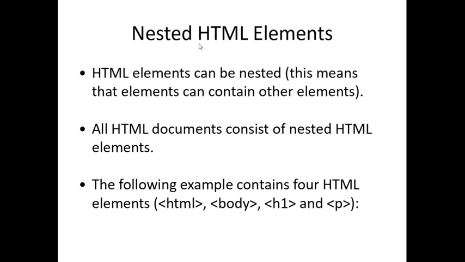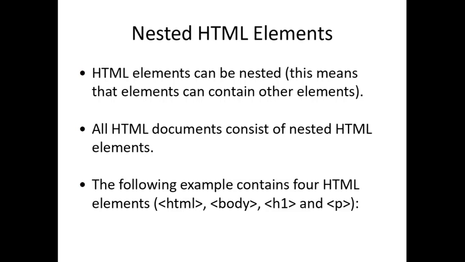Nested HTML element. Nested means we can write multiple HTML elements inside an HTML element. If you remember, we wrote the basic structure of HTML. We wrote the html tag to start the HTML document. Inside that we created the head section, and inside head we added the title tag.